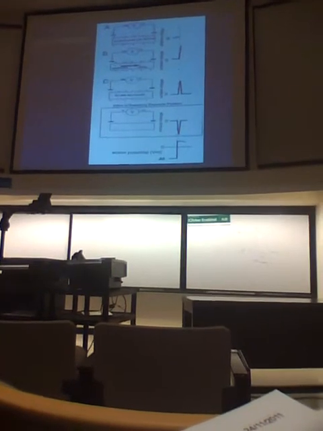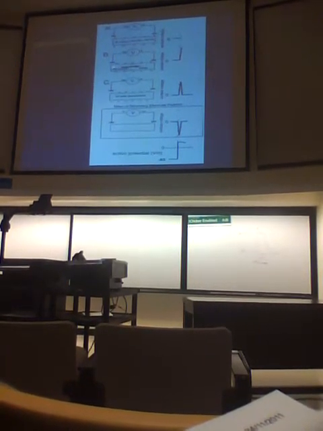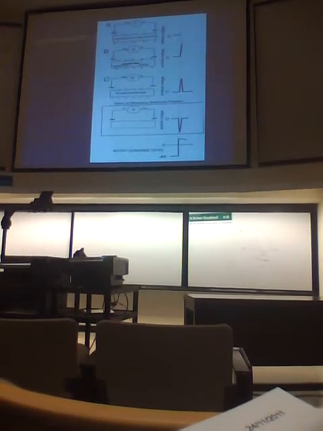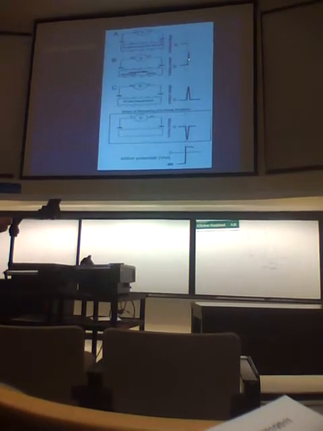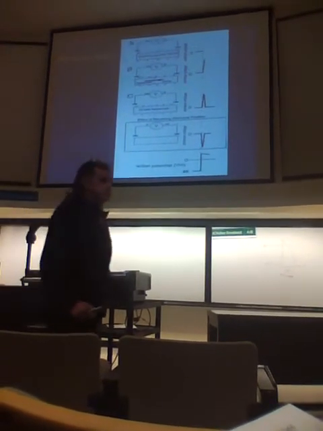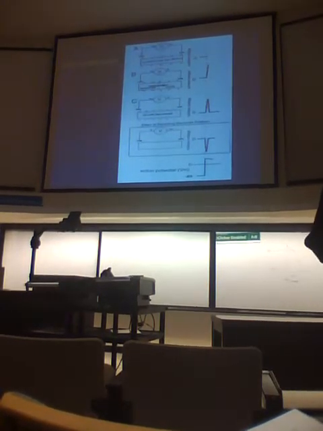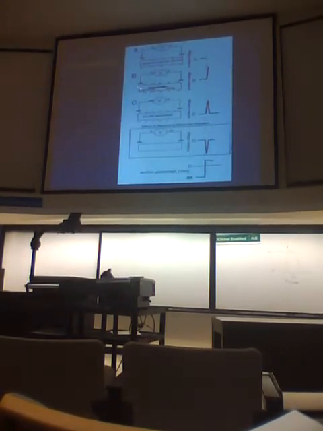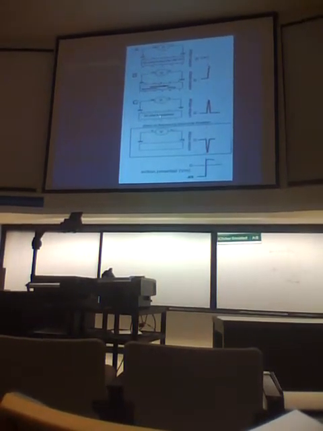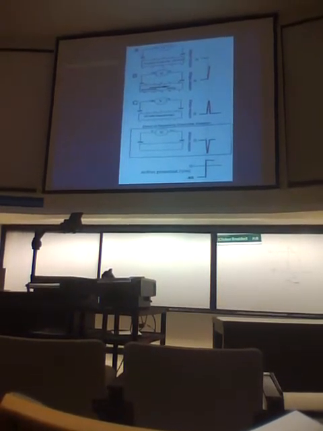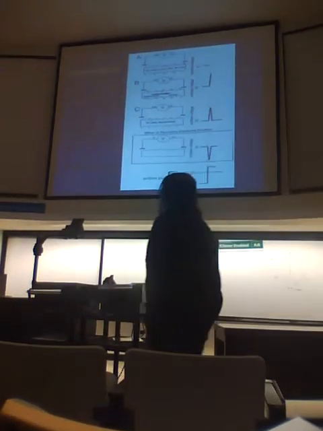If you activate the strip of muscle, you get propagation from this area to this area here, and as you go from here to here, you start to generate a voltage change. This is due to the fact that this is generating extracellular currents and propagating in this direction, the depolarizing direction. And of course, if it goes all the way, then they're all depolarized and it goes back to 0.